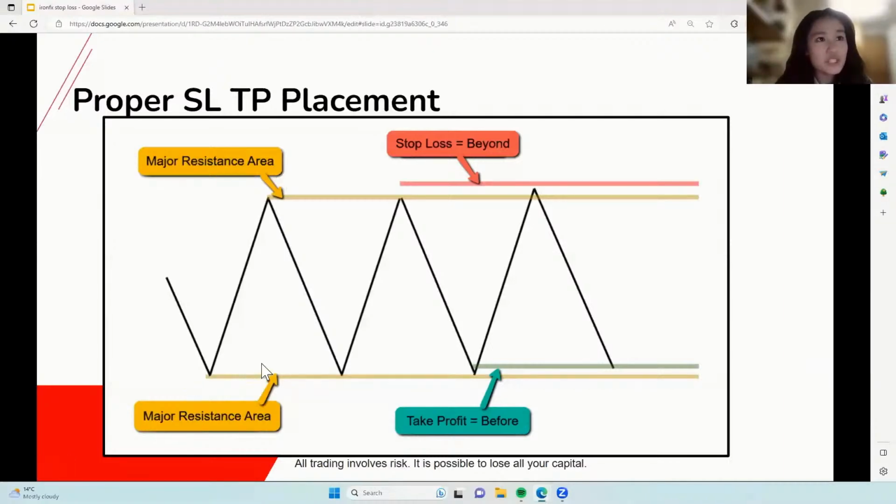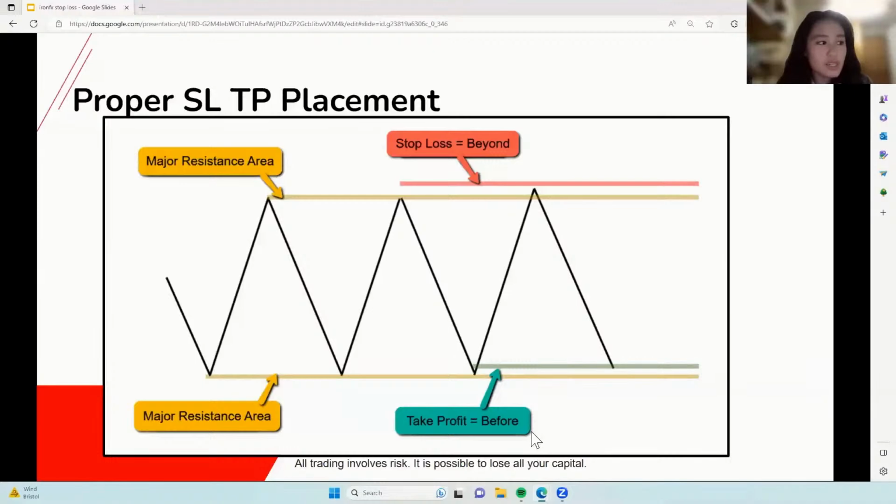If we're talking about a major support area, or even a major confluence area using Fibonacci, you want to place your stop loss below it, or beyond it. Below would be if it is a support level, and in this case, since it's a resistance area, we'll place it above. So that's what we mean by beyond.